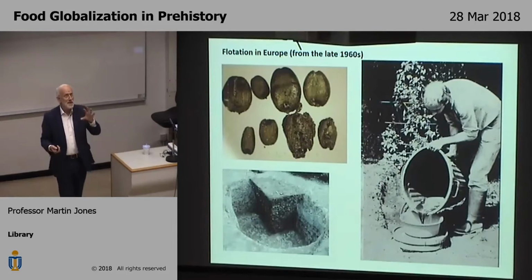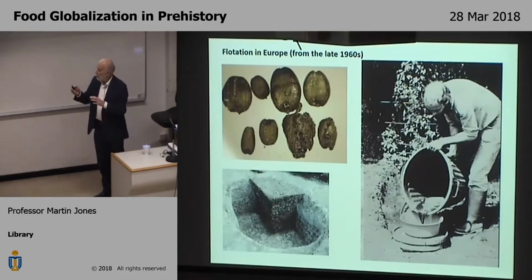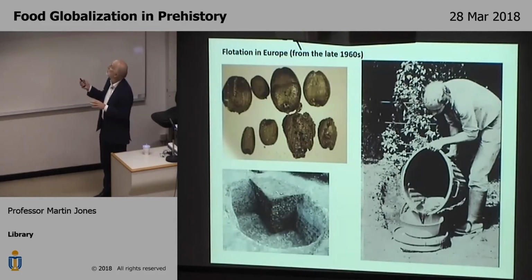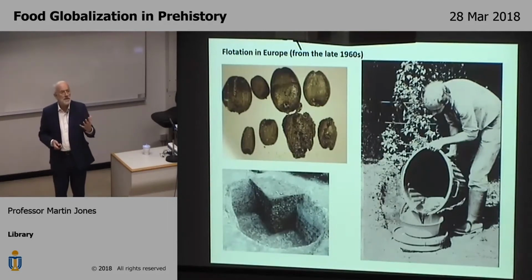But you don't see something that's absolutely critical in terms of the human past, that you only see when you actually mix it with water and pour it through a sieve, and then look down a microscope at it. And these are remains of charred cereals. And before the late 60s, no one was doing this, and so we didn't really have any idea about the place of cereals in the prehistoric past.